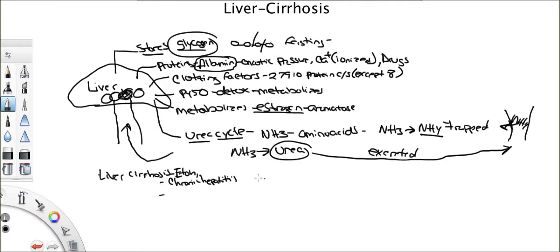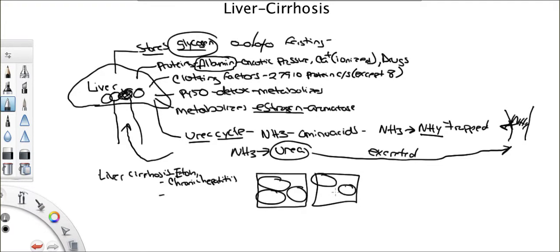Another USMLE question, just thinking randomly, is if they show you two slides. And they say, okay, these are hepatocytes in the slides. Slide 1 is from a healthy 35-year-old male.